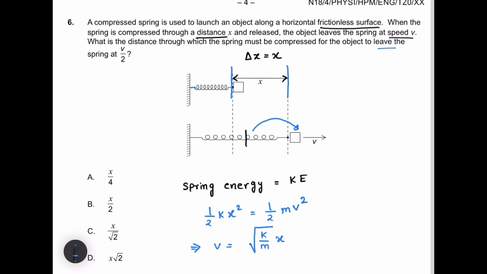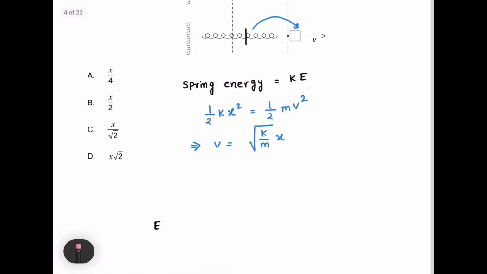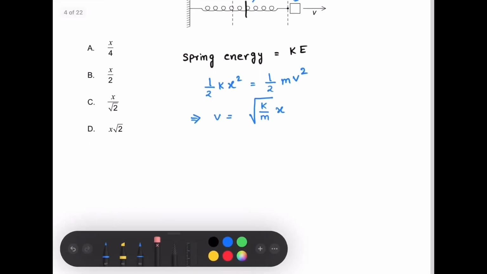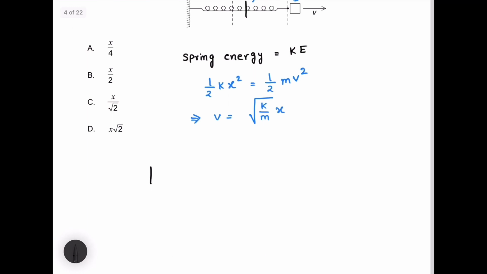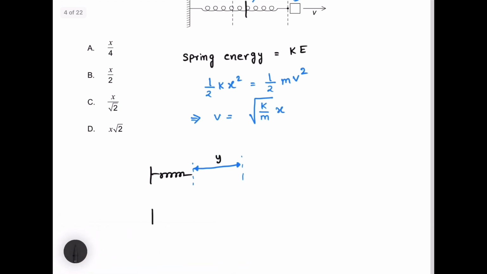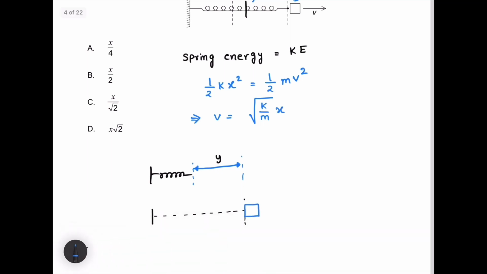Now proceeding on to the question, what is the distance through which the spring must be compressed for the object to leave the spring at v by 2, right? So suppose I have this spring. Now suppose I compress the spring by y, such that when I just leave the spring, the spring goes to its original position and the block moves forward with a speed of v by 2, right?